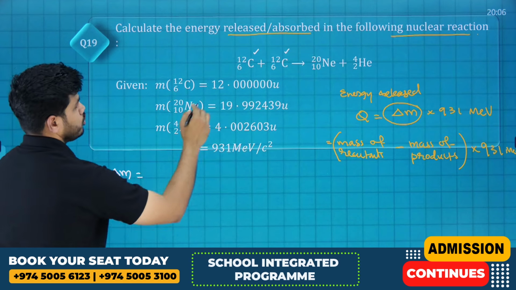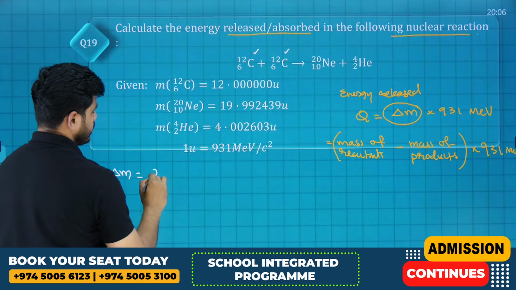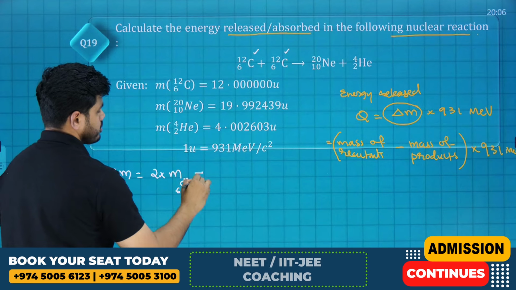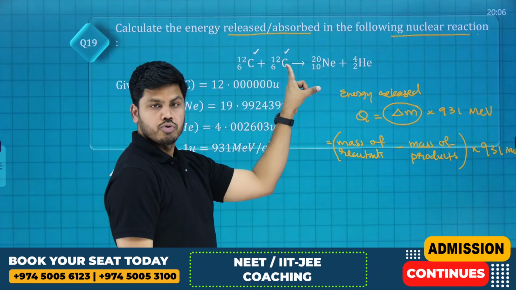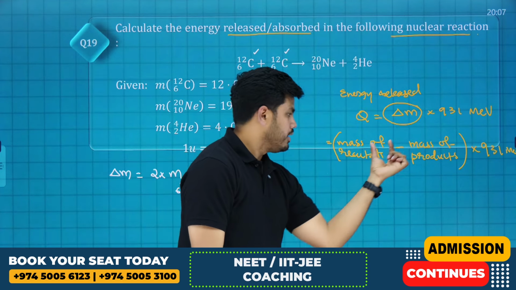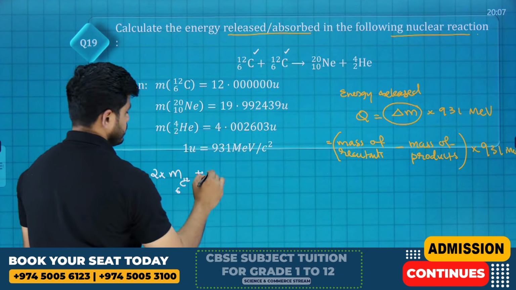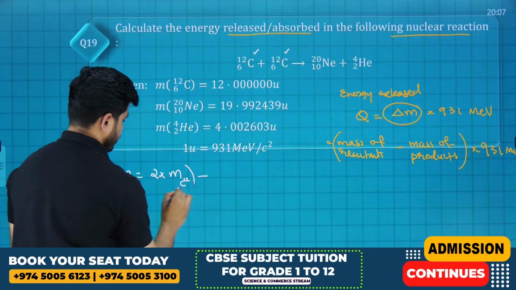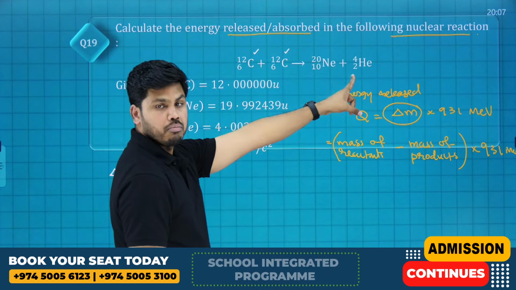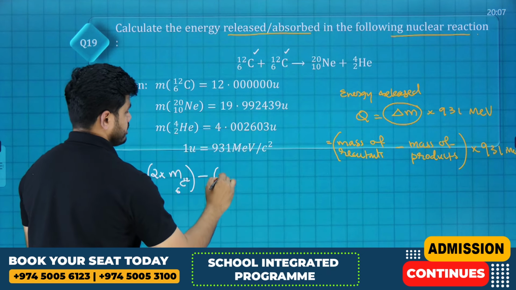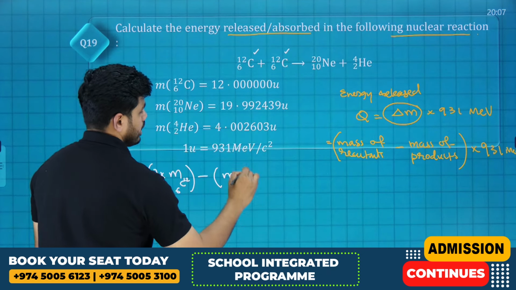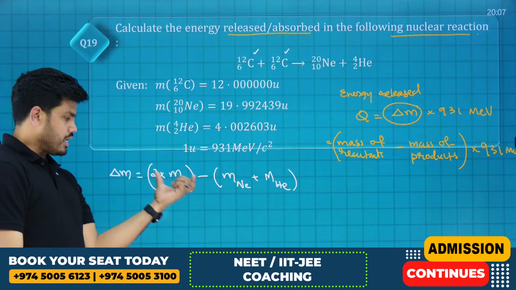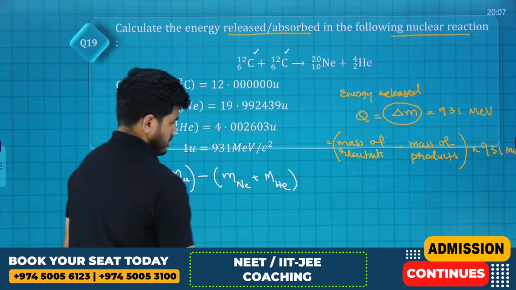So delta M is 2 times the mass of carbon 12, because those are the reactants, minus the mass of the products. From this we have to subtract the mass of neon and the mass of helium, added together.